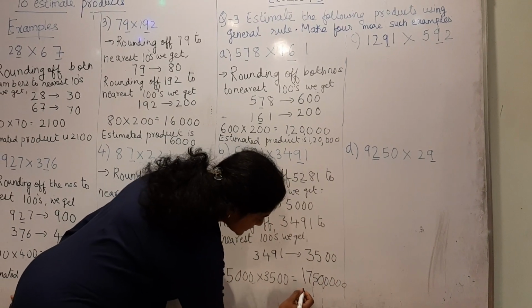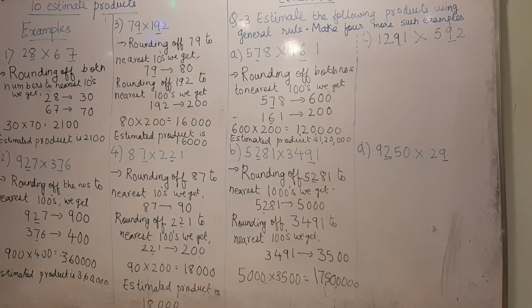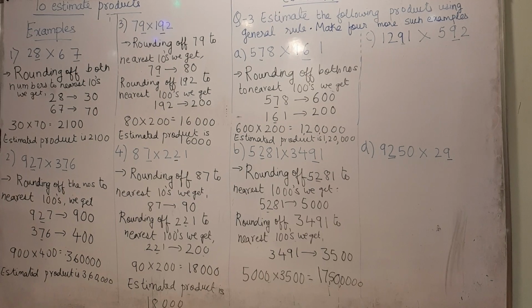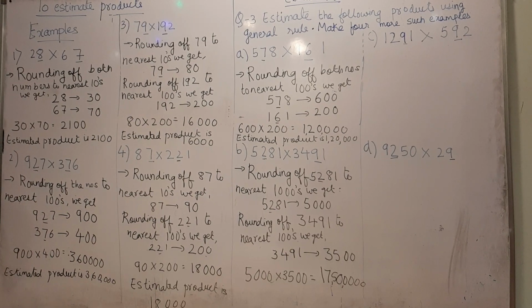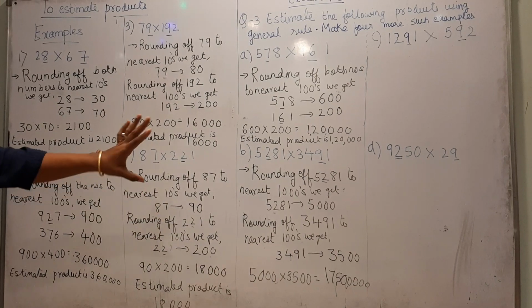So this is 17 lakhs 50,000. 1, 2, 3, 4, 5. Yes, this is the answer. You have to write now: estimated product is, that you will be writing.